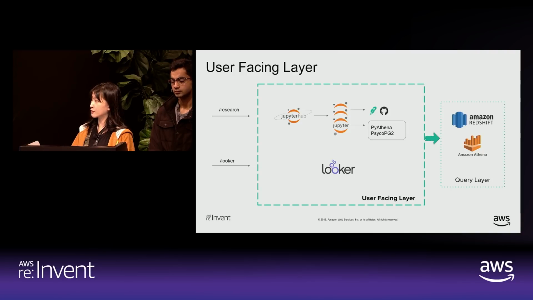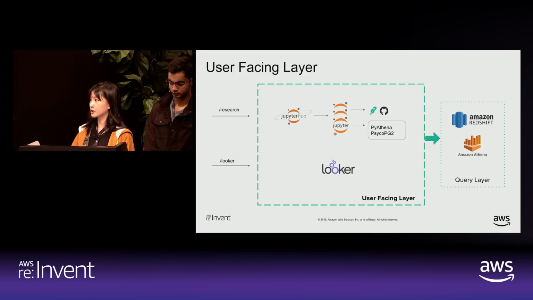This research environment also connects with our query layer, so you can fetch data from different places in just one notebook and then do further analysis with your code. It also connects with GitHub, so we keep track of all the notebooks, and all the notebooks are version controlled.